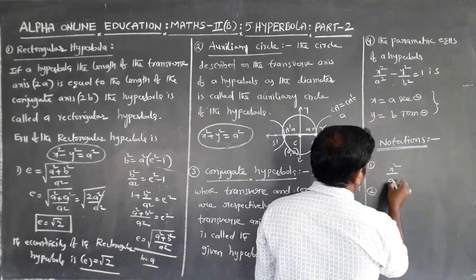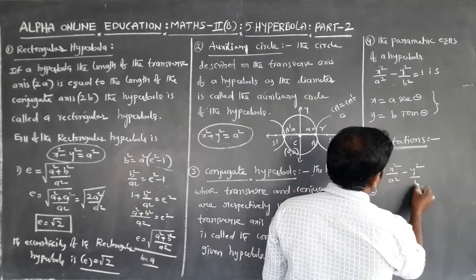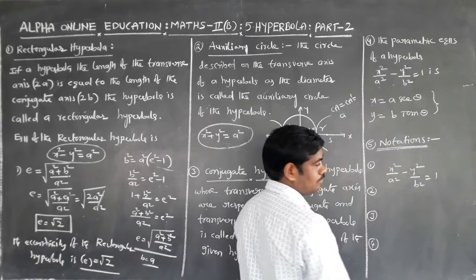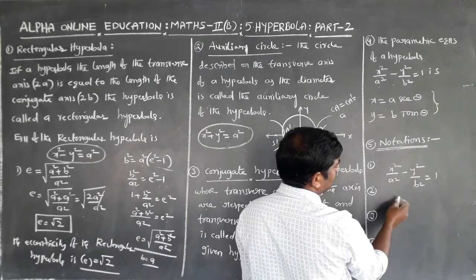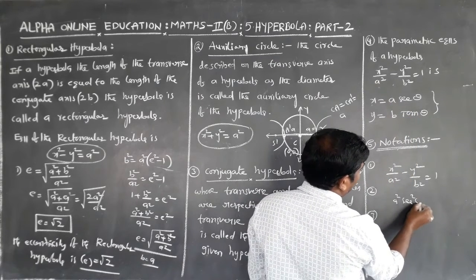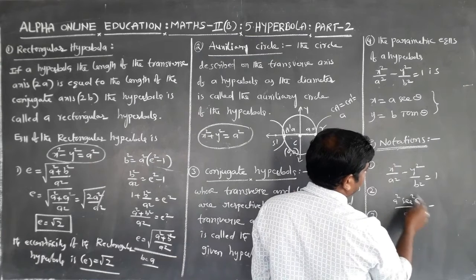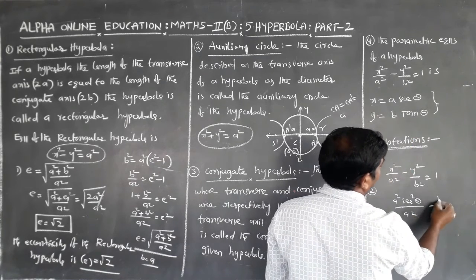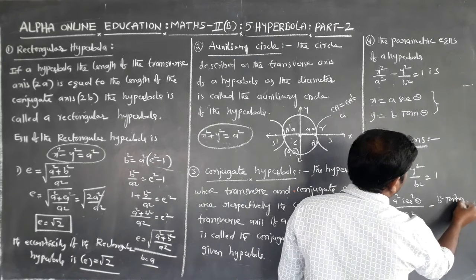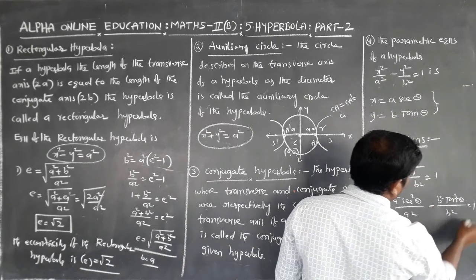Equation of the hyperbola: x square by a square minus y square by b square equal to 1. Substitute x equal to a secant theta, so x square means a square secant square theta by a square, minus, substituting y equal to b tan theta, y square means b square tan square theta by b square, equal to 1.